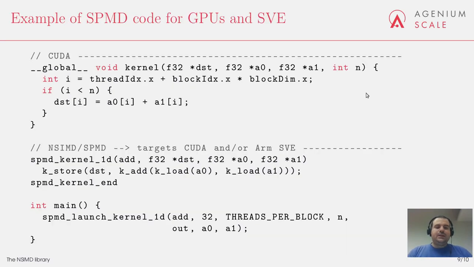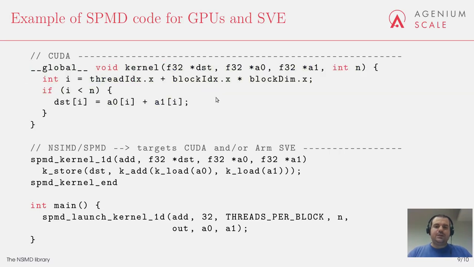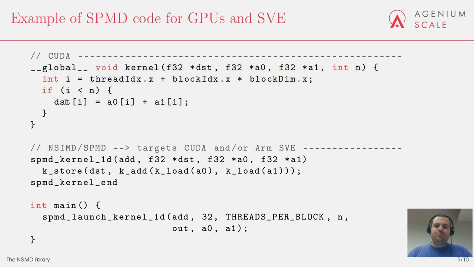As you can see in the following example, this is an addition of vectors. At the top you have the CUDA kernel. This is a very usual CUDA kernel. You take your inputs, you add them, and you put the result back into DST. The equivalent of this kernel in the NSIMD SPMD module is like this. We had to respect the C++ syntax as we are a C++ DSL, so you may find the syntax a little weird.